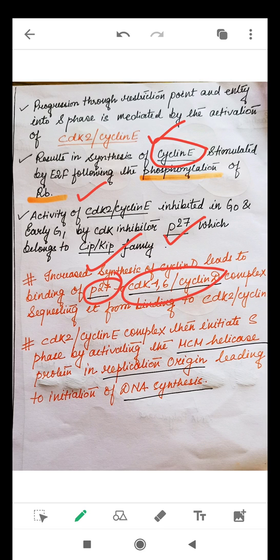They will activate the MCM helicase, which will unwind the DNA at the replication origin and start the DNA synthesis, and thus the cell cycle will progress from G1 to S phase.